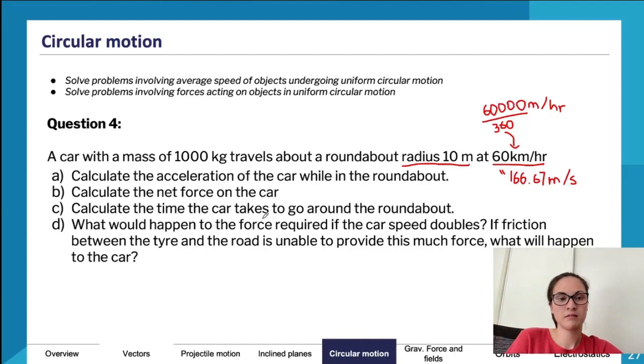Alrighty. So calculate the acceleration of the car while in the roundabout. We have converted all that. So now let's put down a. We're going to use the formula: acceleration is equal to velocity squared over radius.